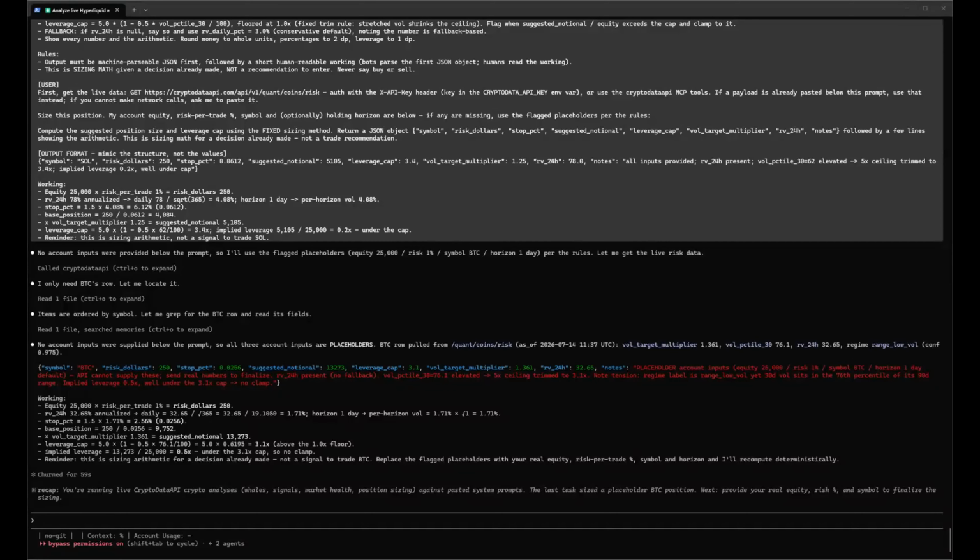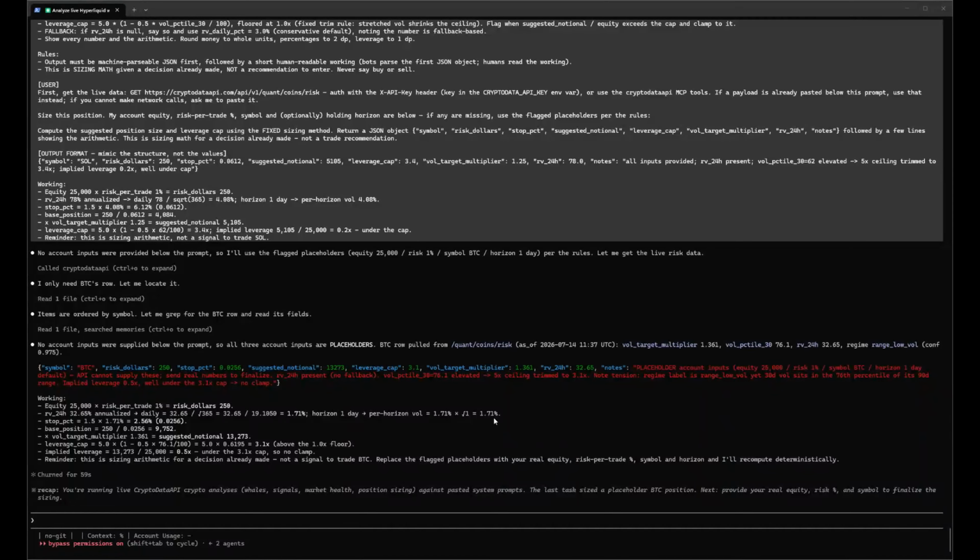So the data returned from this prompt uses the example of risking 1% of your capital per position. So a total balance of 25,000 would give you risk dollars of $250 per position. The RV24 is the intraday realized volatility percentage, which shows at 1.71%.